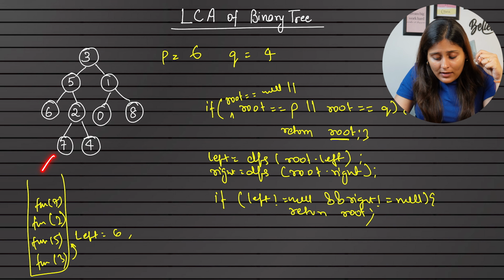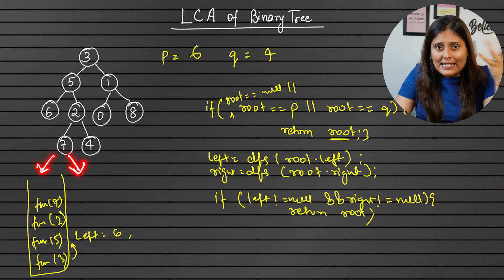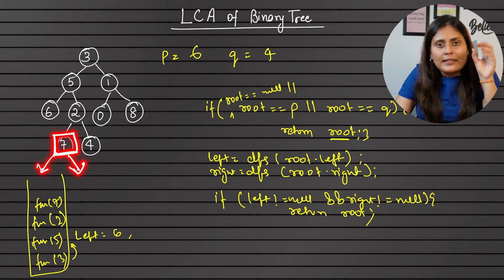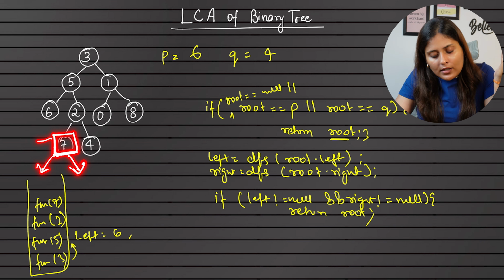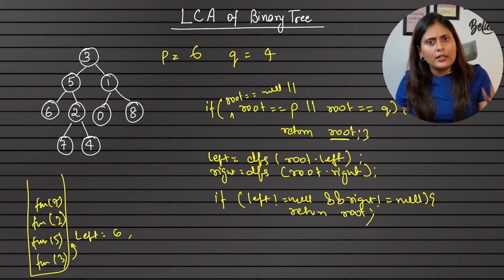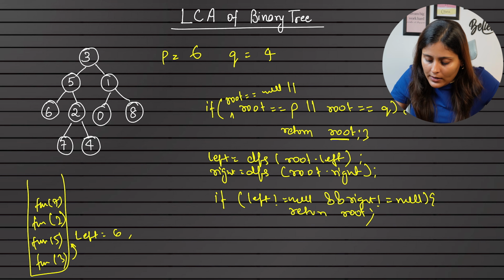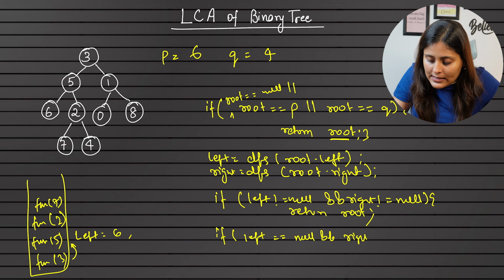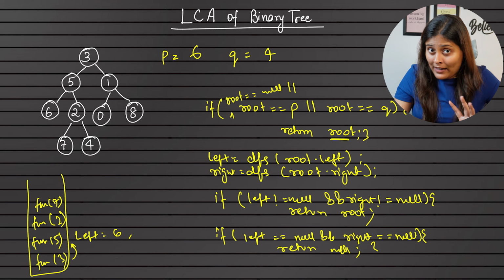So if we don't have anything from the left and right side, and the root is also not matching, then till now I have not found anything. So I can return null to the parent. If both my left and right are null, return null.